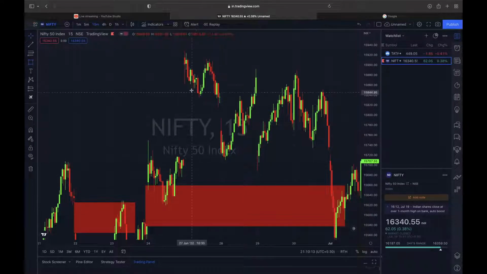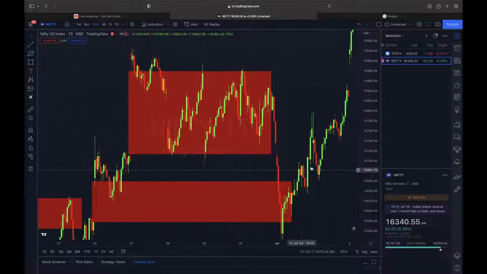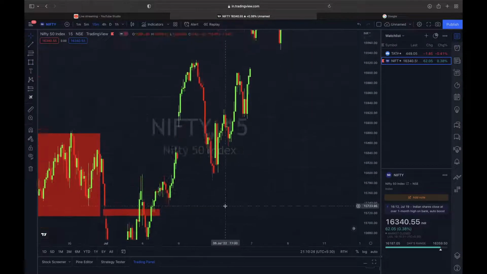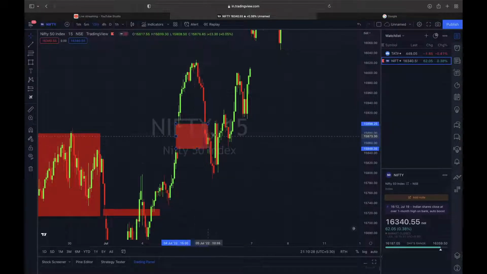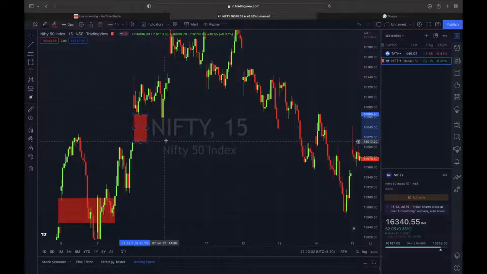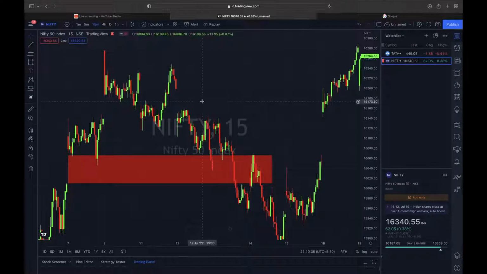Now let's see, there's a very big gap. Gap filled or not? Gap filled. There's again a small gap, gap filled. There's again a gap. Was the gap filled? Yes, it was filled. There was again a gap, and yes, it was filled.